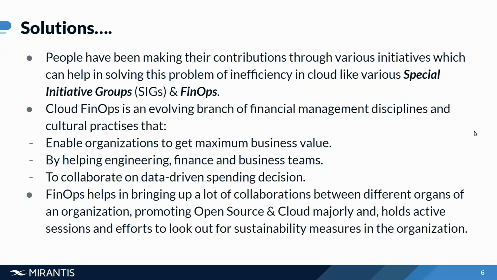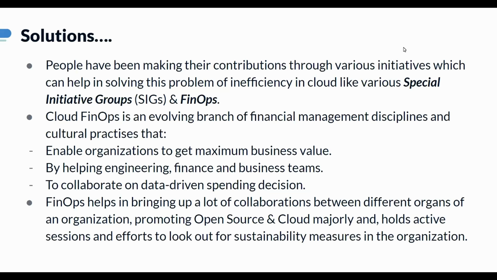People have been making their contributions through various initiatives which are helping in solving the problem of inefficiency in cloud, like special initiative groups made for sustainability as well. I guess the Cloud Native Sustainability group has been made. A lot of meetings are held by those groups every month, handled by people from different groups, like the marketing team and the financial team as well. Similarly, FinOps has been made to tackle this problem.